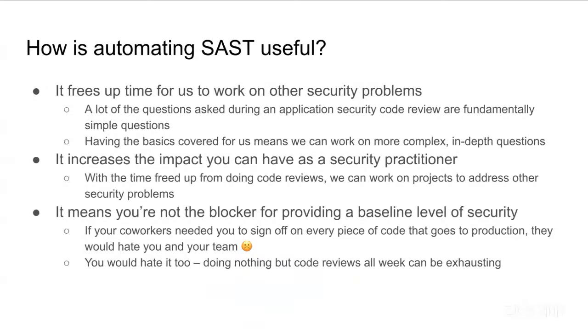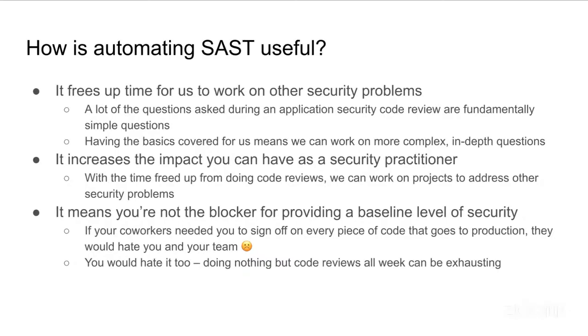That took maybe a couple minutes, but if you have 1,000 developers writing tens of thousands, hundreds of thousands of lines of code, what automating SAST lets us do is run SemGrep on all that code as it's being written, before it gets deployed. So the cool thing is that it allows you to have impact on a level that was not possible before tools that let you do this kind of thing.